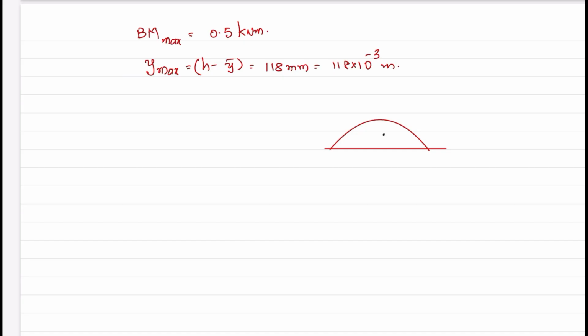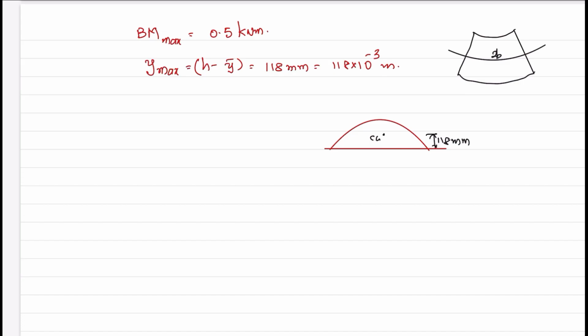Now, this is the CG at a height of 118 mm. What is our theory? At the neutral axis, what is the beam theory? Beam bends like this. Along the neutral axis, the length does not change, the breadth does not change.